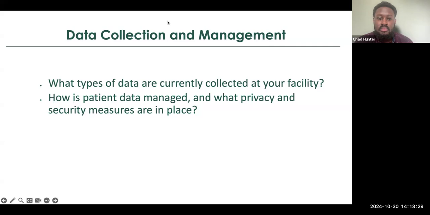And I guess, maybe not most important, but a very important data metric would be housing status. So, does anyone have anything to share about that?